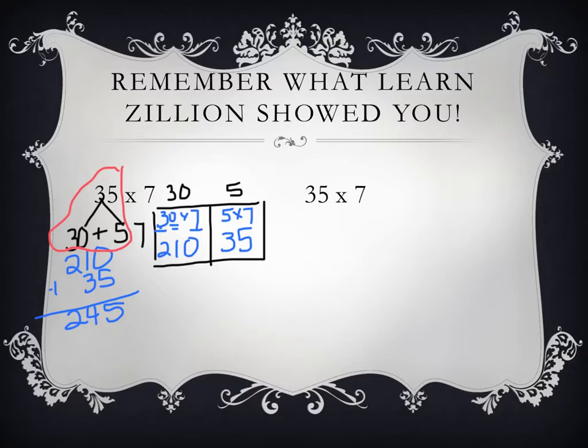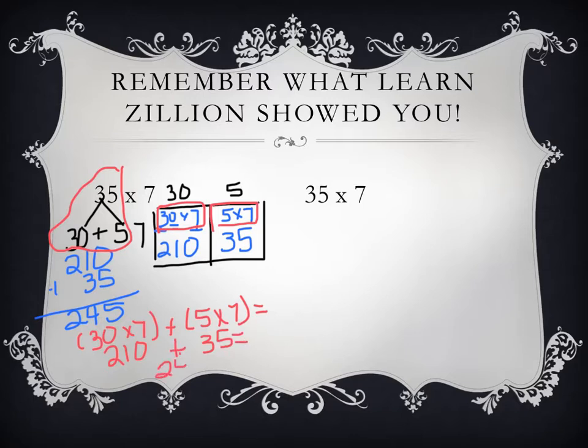So using expanded form, I would write the two problems I multiplied and show them as an addition. 30 times 7 plus 5 times 7 equals, in this case, 30 times 7 was 210, and 5 times 7 is 35, and 210 plus 35 is 245.